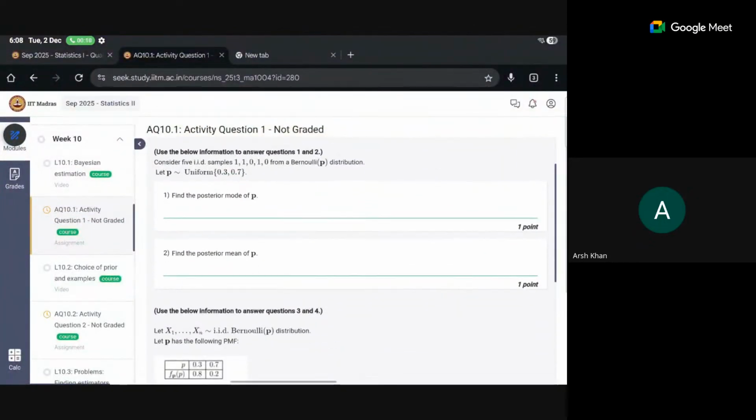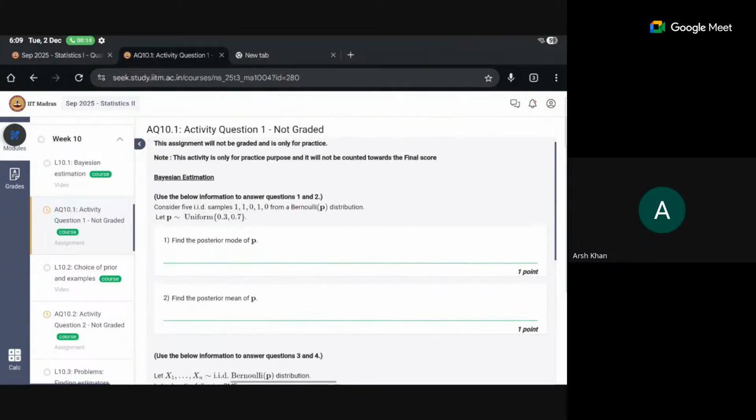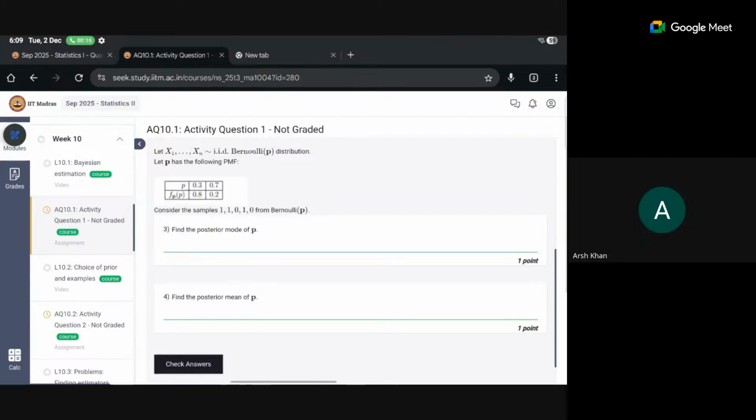Okay. So from activity 10.1, questions 1 and 2 I have already solved. So we will be solving questions 3 and 4. You guys tell me the answer for question number 3 and question number 4. It should be solved in, let's take 5 minutes. Solve it in 5 minutes. I want the answer right now.